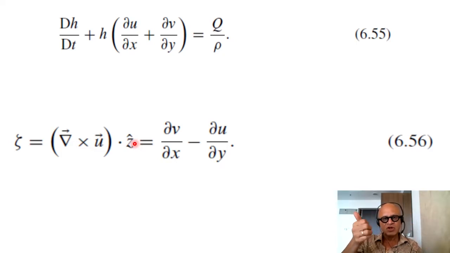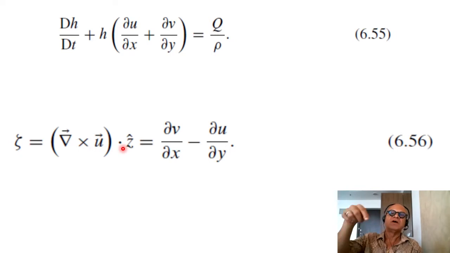So if you curl your fingers with u and v gradients, dv/dx minus du/dy gives vorticity in the z direction, so the cross product is dotted with the local vertical z hat. So this is called relative vorticity.